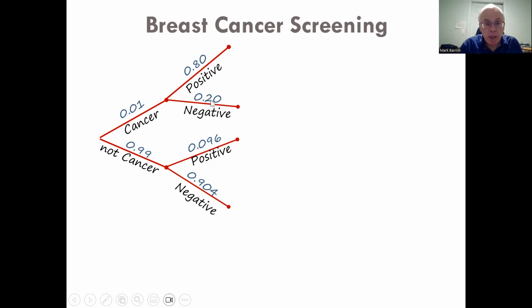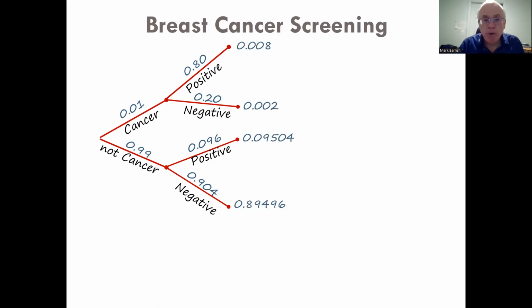And then up here, 80% of the women who have breast cancer show a positive result. And it's 1 minus that, 20% of the women will show a negative result if they have breast cancer. All right. And so once we have the tree diagram set up like this, we can answer questions.